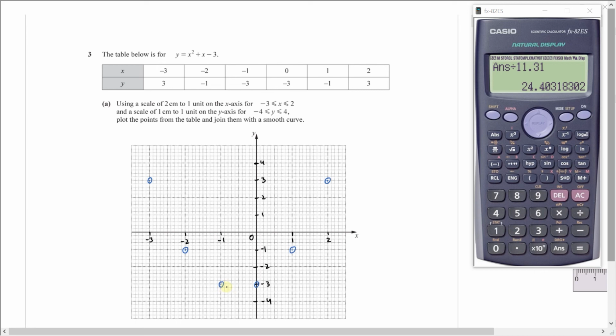Since after this point it goes back up, your minimum point will be between the middle of these two. So let's draw this curve now.